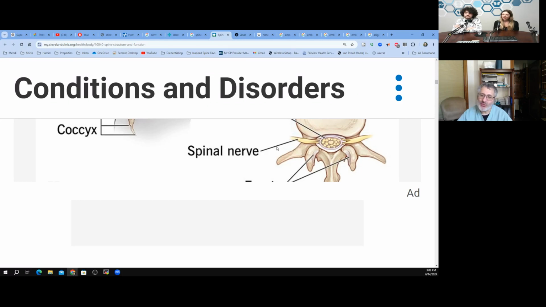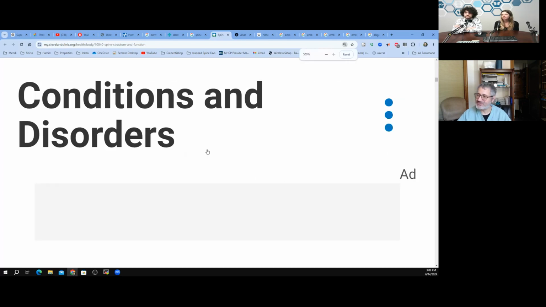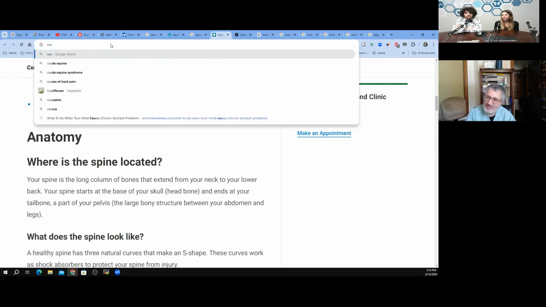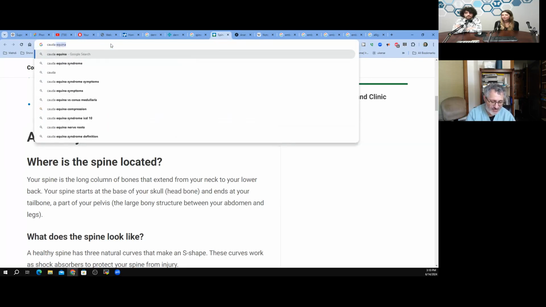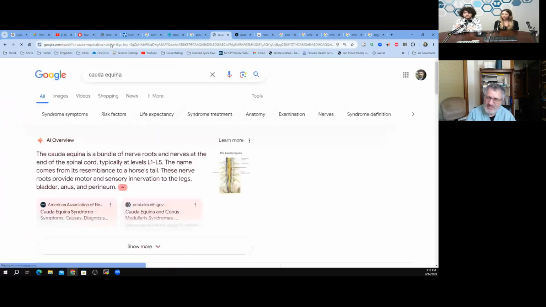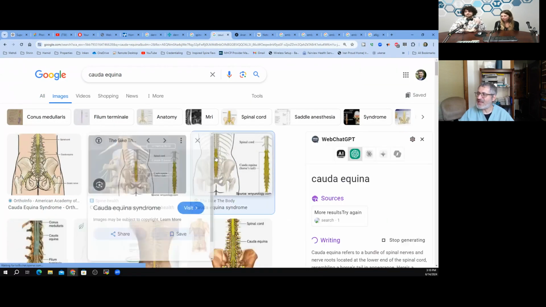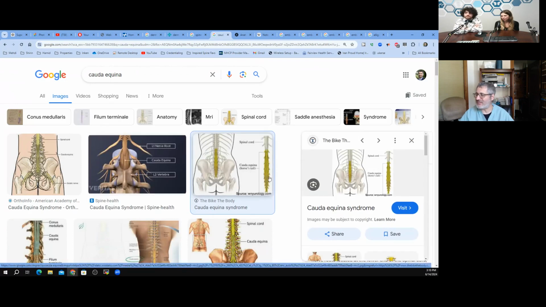We have cauda equina, the horsetail. So when we are a baby, our spine and spinal cord are the same length, but our bone grows faster than the spinal cord.